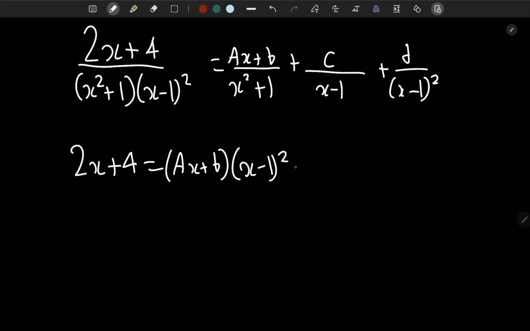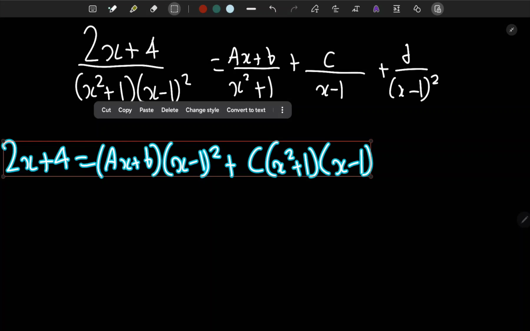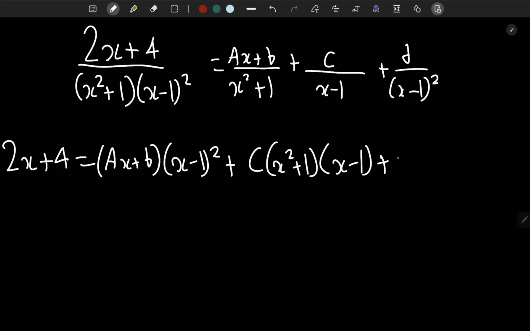Now next part is c, which is going to be c into, now we need to cover up 1 of the x minus 1, so we're going to be left with x squared plus 1 into x minus 1. And for d, let me just move this entire thing so we have more space, plus d, I'm going to change it to capital.